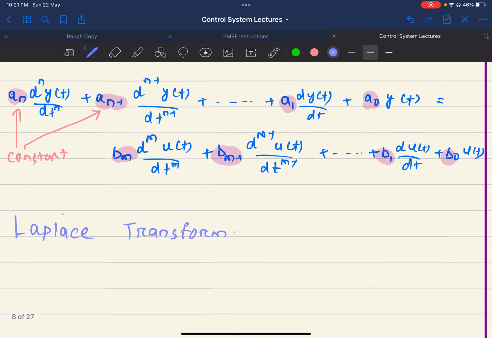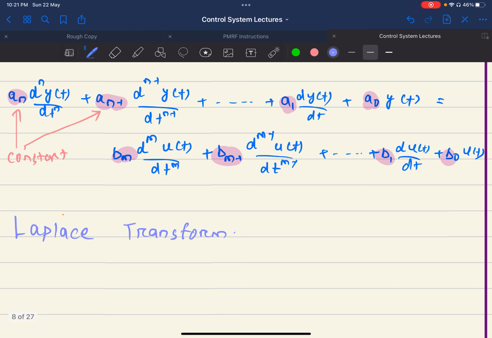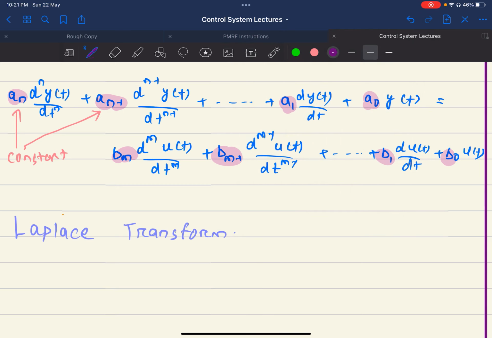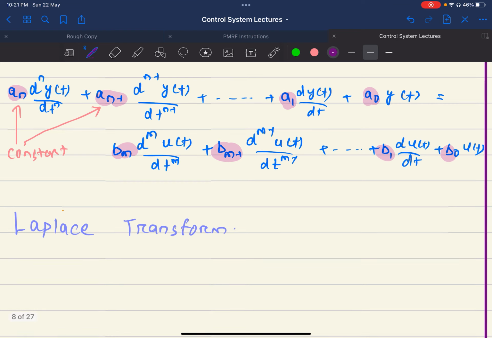It will convert this differential equation into algebraic expressions, just plus and minus, some algebraic manipulation, and you will get the answer. So the Laplace transform's beauty lies in its solution approach: it converts an ODE into algebraic form.